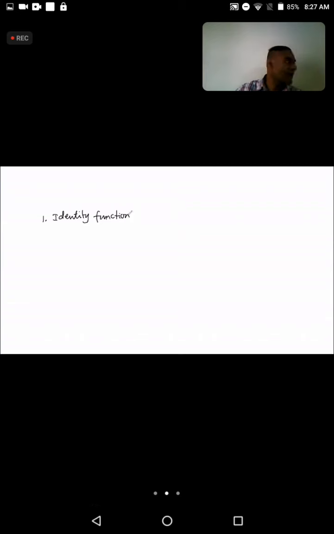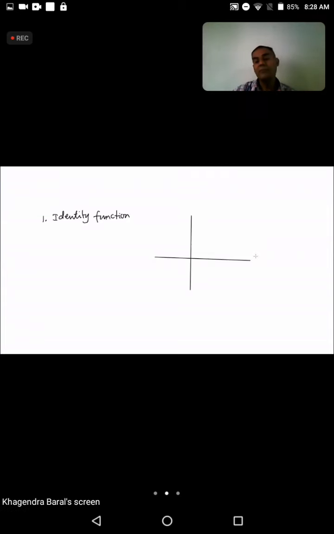Image of 1 is 1, image of 2 is 2, image of 3 is 3, image of 0 is 0, and so on. If we draw the graph, we get the image of 1 is 1, image of 2 is 2, image of 3 is 3, and so on.